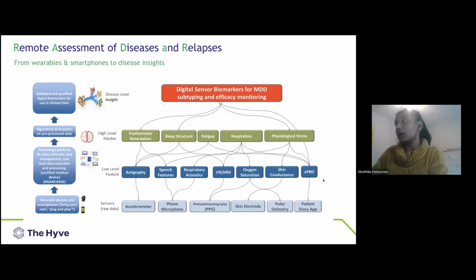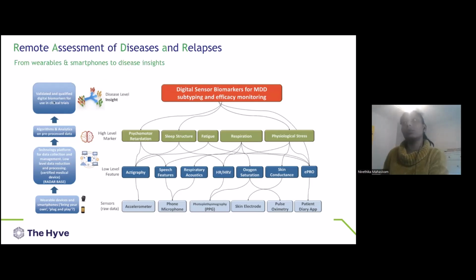And then by collecting and analyzing, you can build algorithms, and these algorithms will give you high-level markers. And if you do this in continuous studies, and you find that you can map these high-level markers, or a combination of them, to a particular disease area or a particular stage of a disease, then this can be taken further into validated and more qualified digital biomarkers.